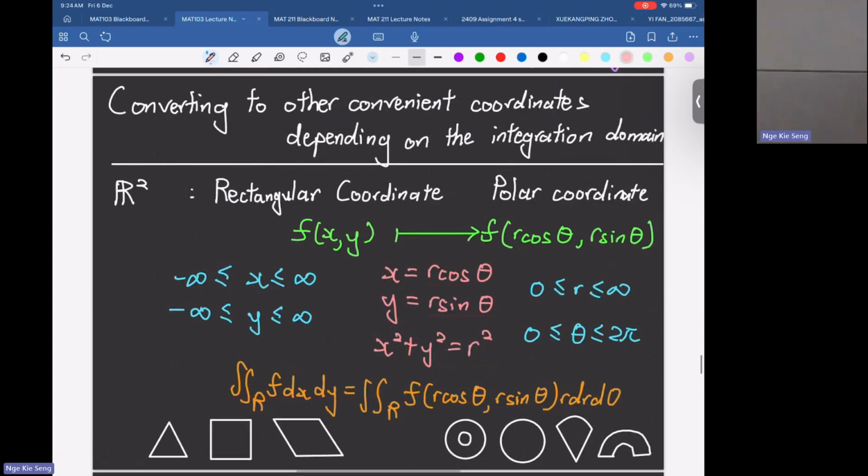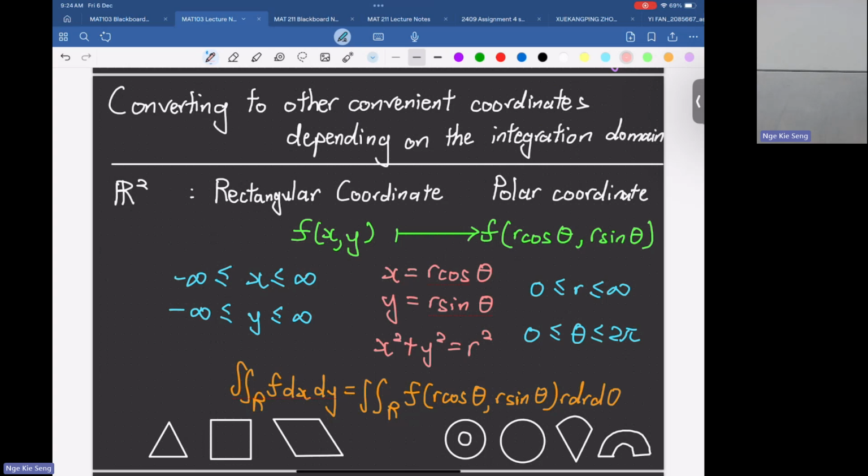Next, we look at different coordinates. We integrate over different coordinates. For example, in R2, we can go from rectangular coordinates to polar coordinates. How do we do this change of variable? This is exactly the same as what we did in the previous chapter. We use x equals r cos theta and y equals r sin theta. The most important thing here is to remember that there's a Jacobian factor when you do a change of variable.